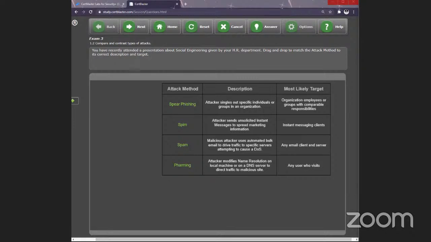Spam is getting a whole bunch of bulk emails into your email account that are unsolicited, that you don't want. And farming is when literally, it takes.